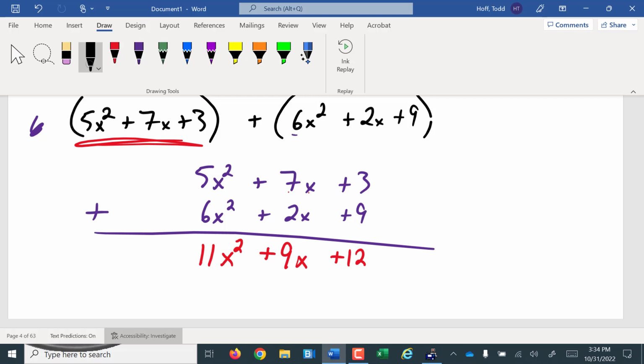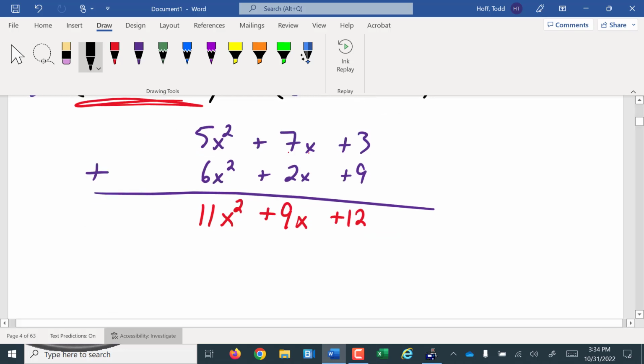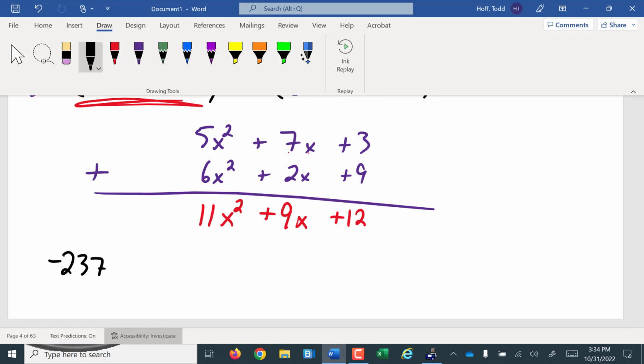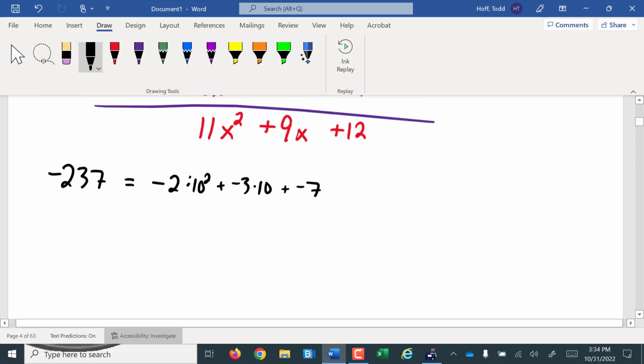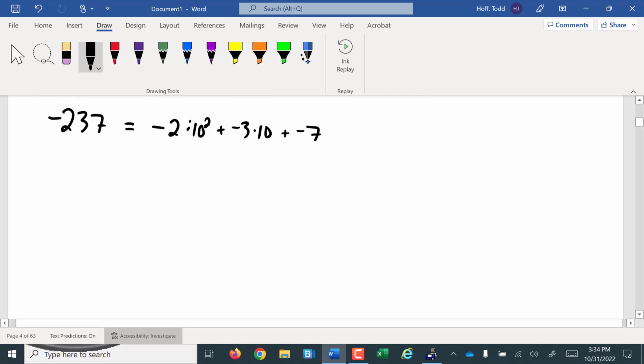Where it gets confusing is when we get negatives in it. Each digit in an algebraic number can be positive or negative. In a whole number, or an integer, if I have a negative 237, either every digit is negative, that'd be a negative 2 hundreds, and a negative 3 tens, and a negative 7 ones, or every digit is positive.